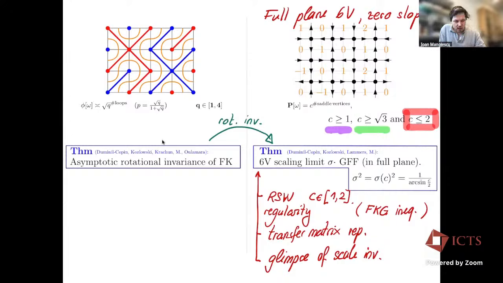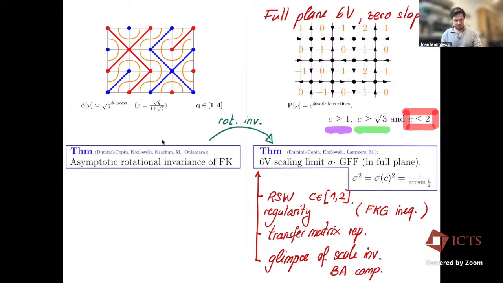But it's really just a very weak form of this. It doesn't give you the fact that the scaling limit, subsequential scaling limit, is automatically invariant under rescaling. That would be an extremely powerful piece of information. So this glimpse of scaling invariance is obtained by computing certain quantities via the Bethe ansatz.